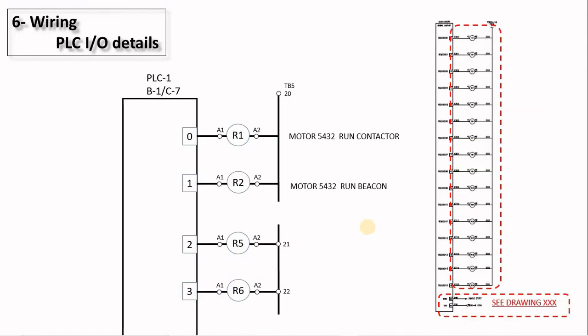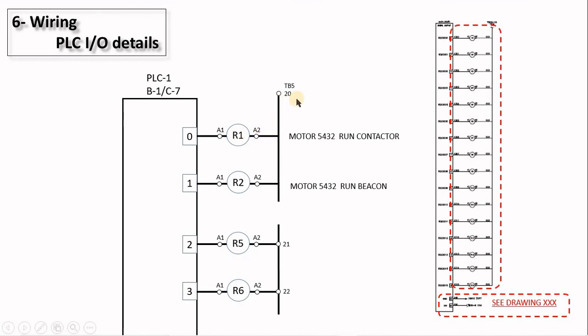Now let's jump to the PLC. We can draw the PLC connection in many ways. This is one method of them. So this is all DOs. It's PLC 1, base 1, card number 7, and channel 0. Channel 0 will go as output to A1 in relay 1, and so on.